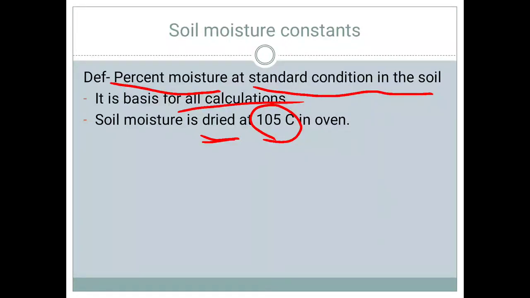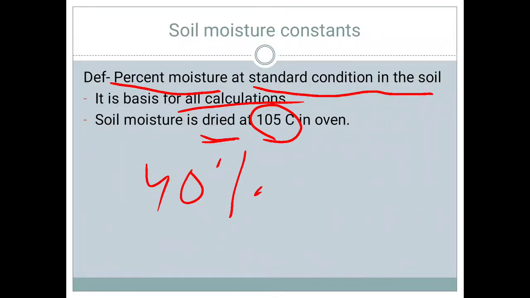So when we dry the soil in the oven, we get percent moisture, like 40% or 50%, 60%, 10%. We will see in detail this procedure in practicals. Why we dry the soil in the oven at 105 degrees Celsius, why the temperature is 105, those questions we will see in practical sessions.